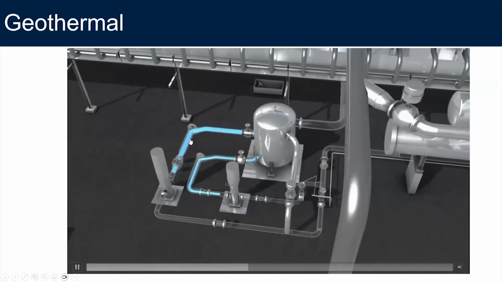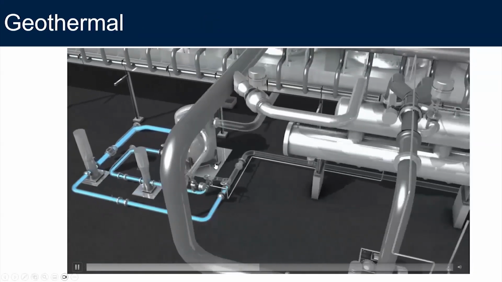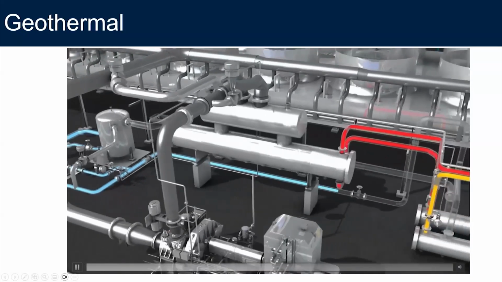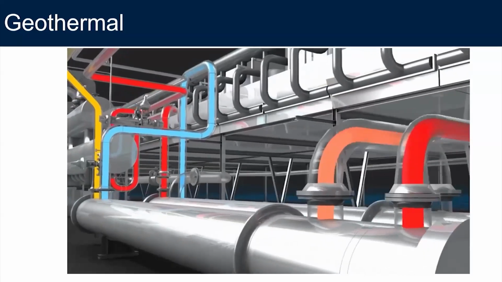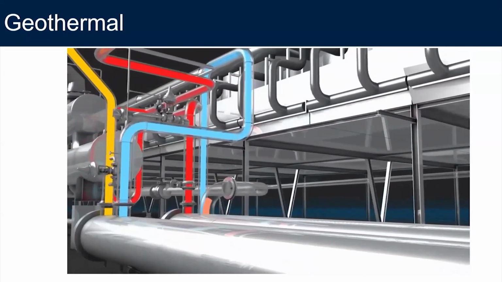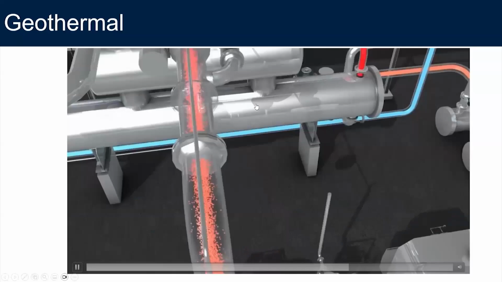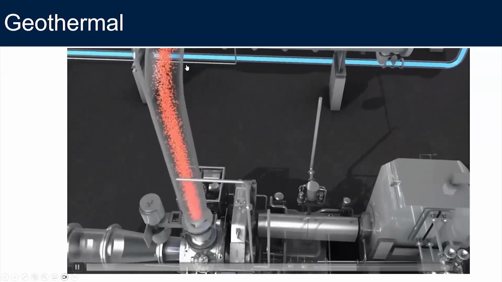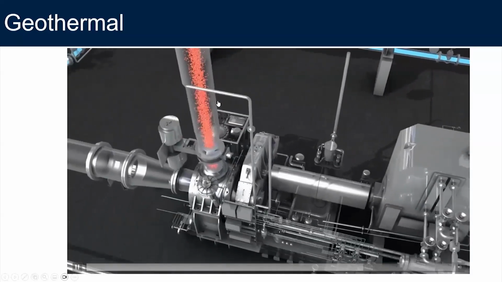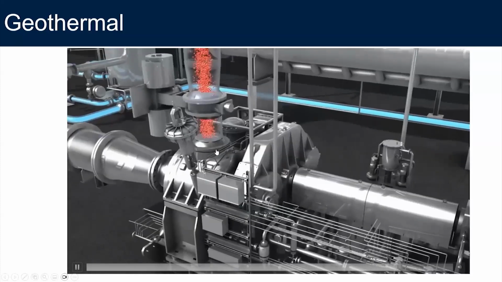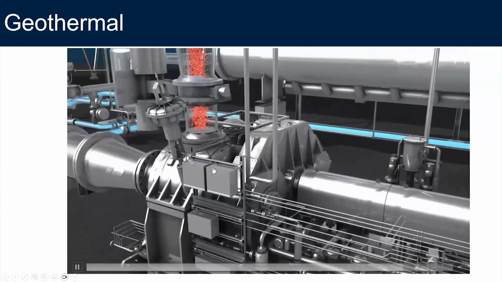The blue liquid here is the working hydrocarbon that passes through the heat exchanger, and then it expands and runs the high speed turbine. So that's pretty much the process in abstract. That's the expanded hydrocarbon running into the turbine, and that spins the high speed generator.